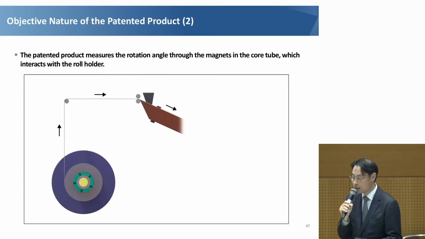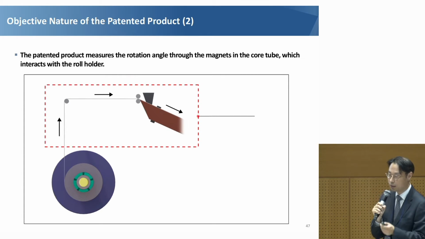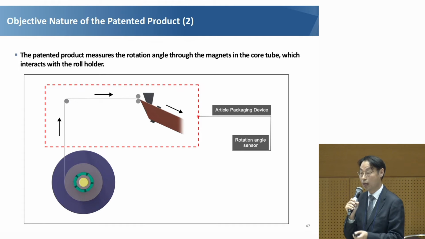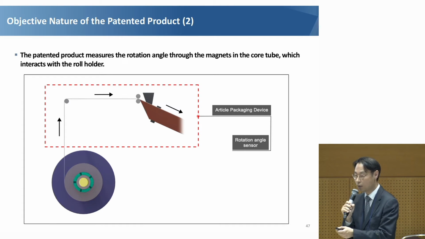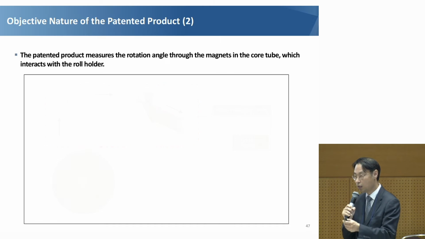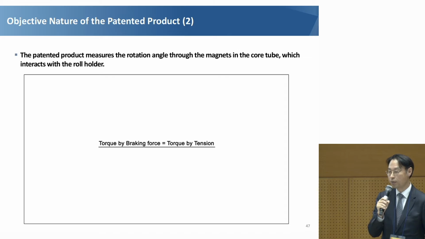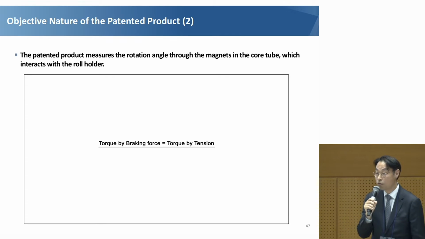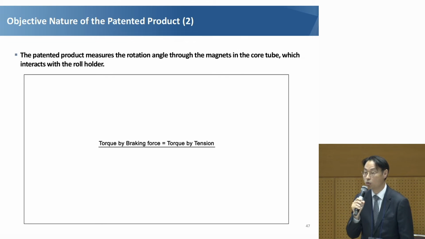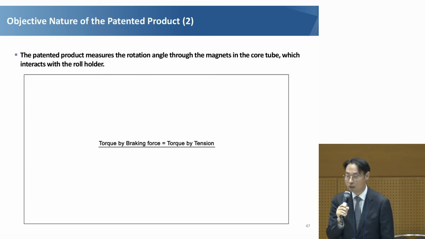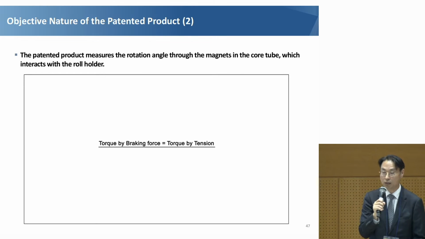The magnets in the core tube and the rotation angle sensor in the article packaging device interact with each other. So finally, the torque by braking force is equalized to the torque by tension. Again, very simple and easy, not complicated.